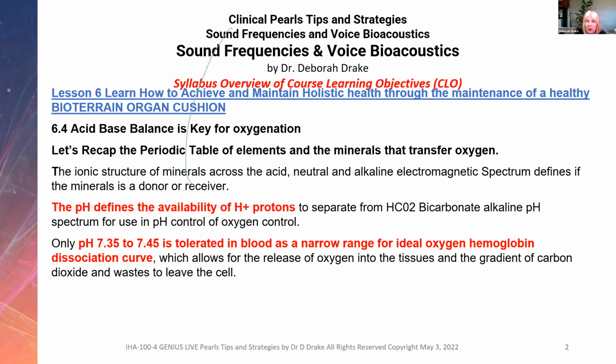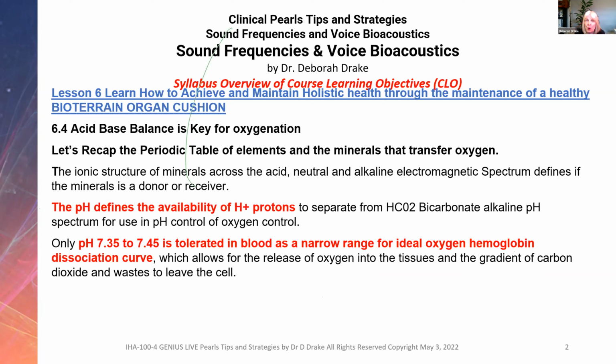One of the more important ones in the body is the bicarbonate mineral, hydrogen and carbon dioxide. Water plus carbon dioxide makes bicarbonate, which is a very alkaline pH 14 molecule, and when it's mixed with acid, it comes to neutral in the middle and usually keeps you in good pH control.